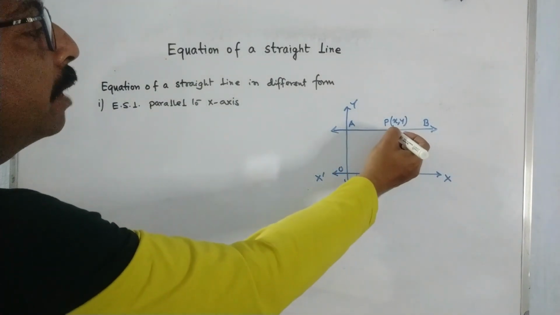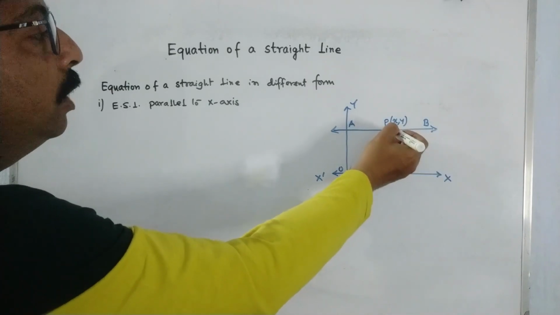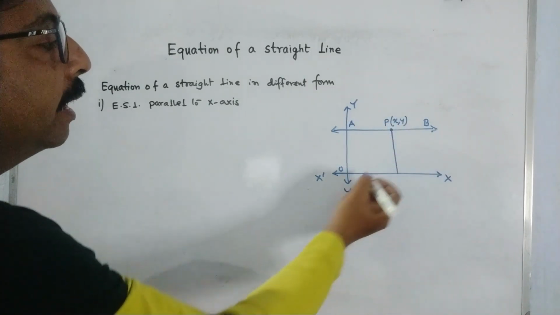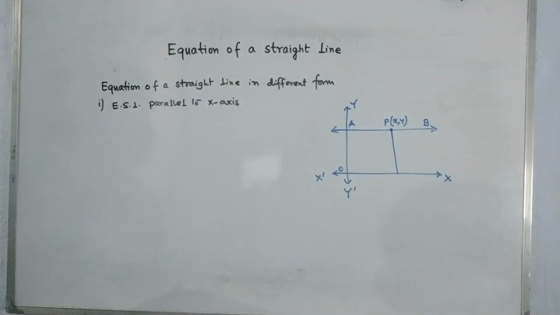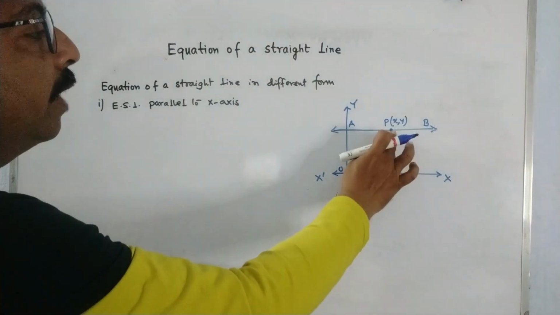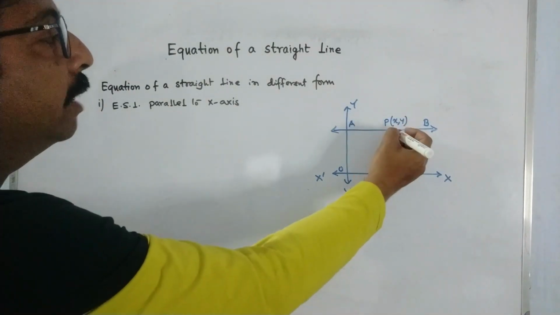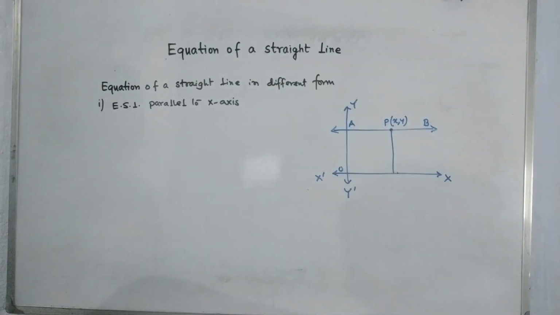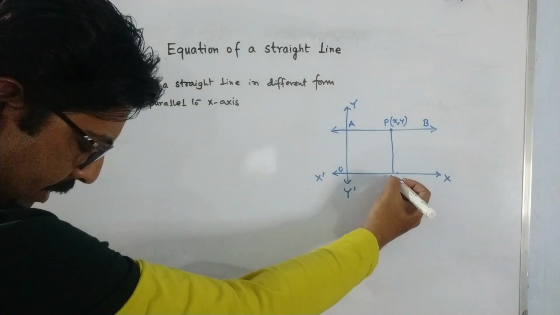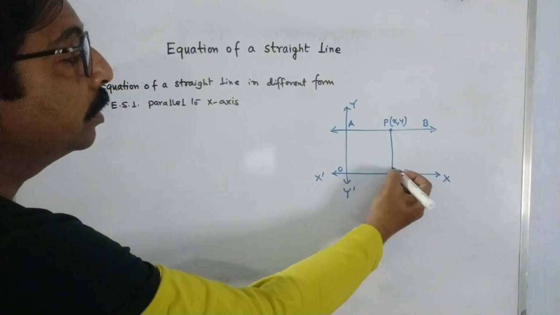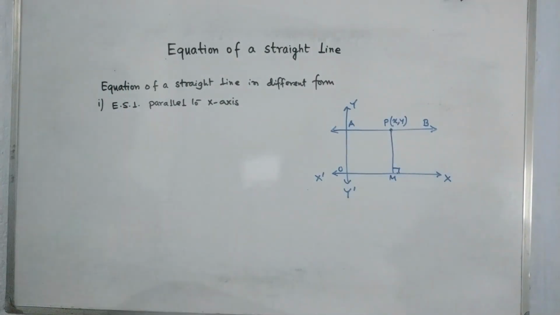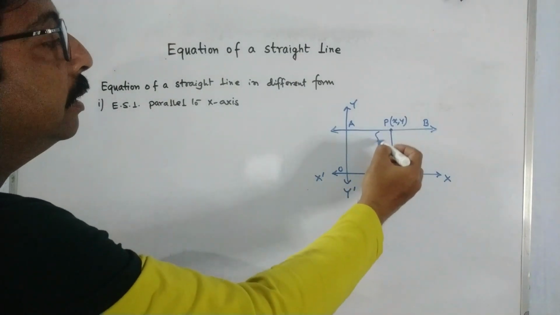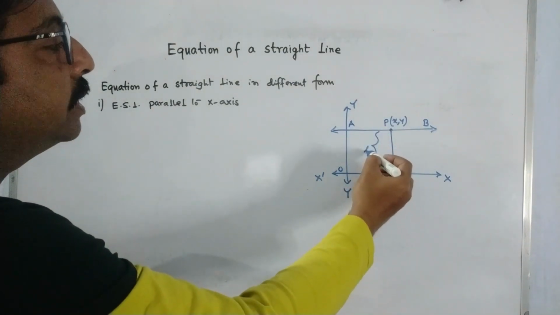We are drawing a perpendicular from P on the x-axis, the positive side of the x-axis. Although the drawing is a little bit oblique, we are drawing a perpendicular on the x-axis, and consider this is M, so this is 90 degrees. Now this distance we consider b.